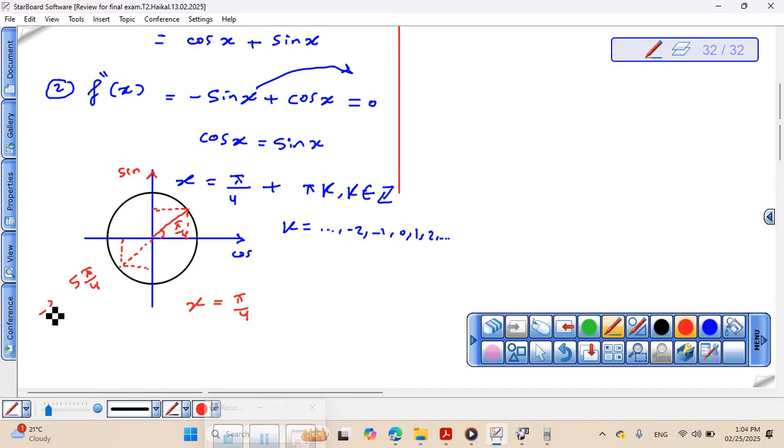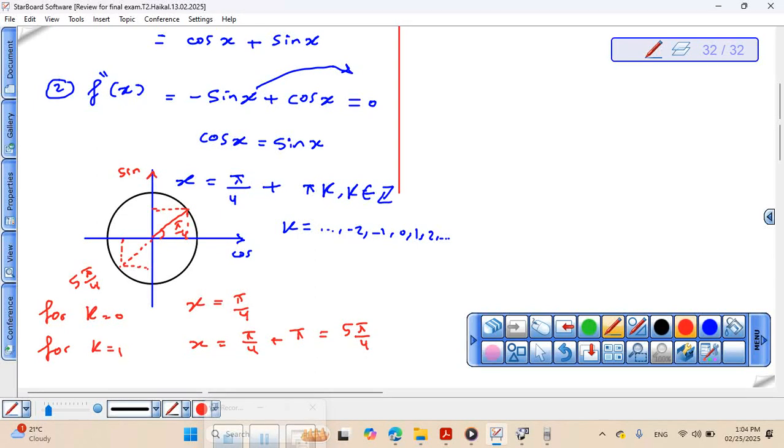For k equals 1, x equals pi over 4 plus pi, which equals 5 pi over 4.